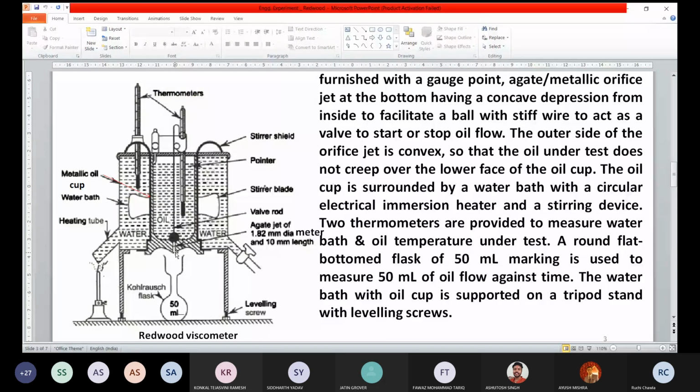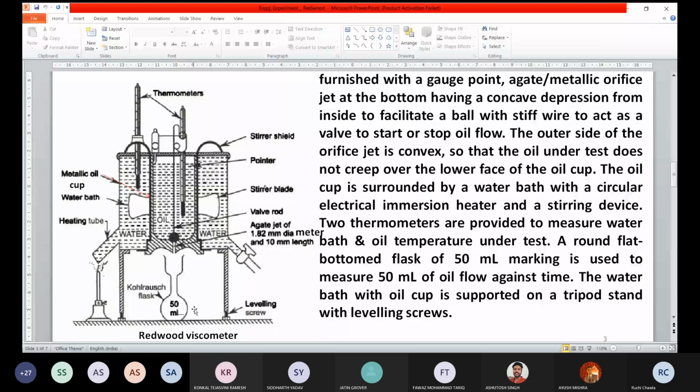And what is the purpose behind that? The purpose is that frothing can be avoided, because when the oil falls on this extended part and then reaches the bottom of the conical flask or the Kulrausch flask, frothing will not take place. But suppose it is falling exactly at the center, drop by drop, then what will happen?